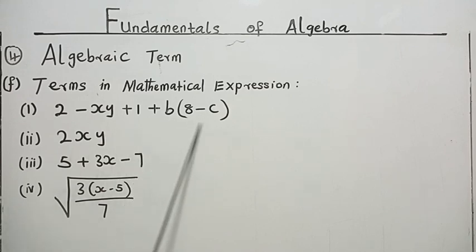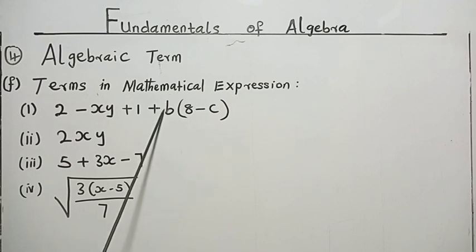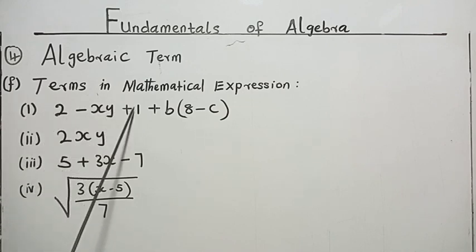What about the remaining one? I said earlier that the entire expression, b bracket 8 minus c, is a term. So in all, how many terms do we have? Somebody who is not informed may think that we have 1, 2, 3, 4, 5, 6, 7 terms.